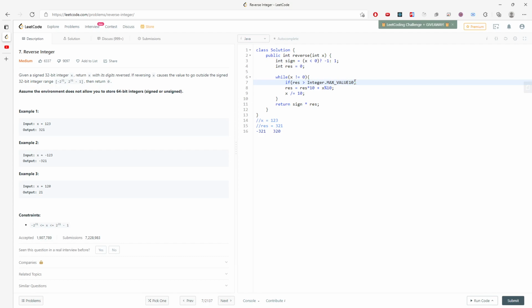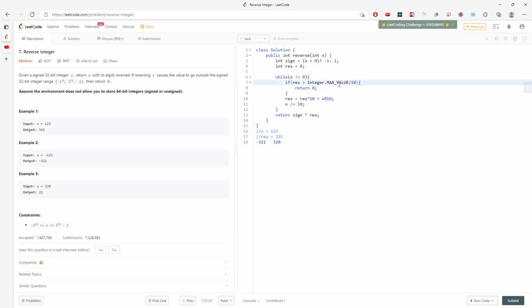This is already the boundary line, so when you want to add or multiply, it is not allowed. So make sure you check the condition: if integer.max value divided by 10 is less than result, I'm going to return 0.